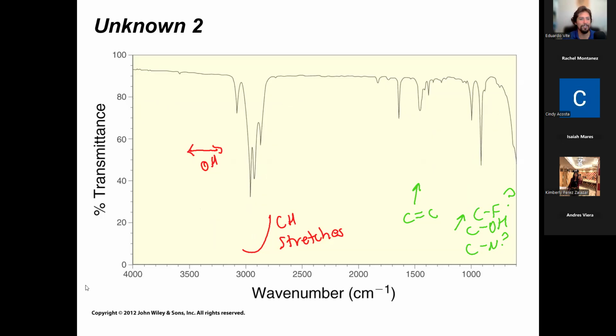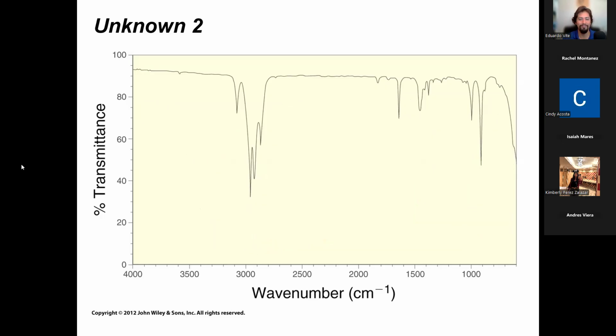Alrighty. How about this one? We haven't seen this one in a bit. I do notice it's very sharp.